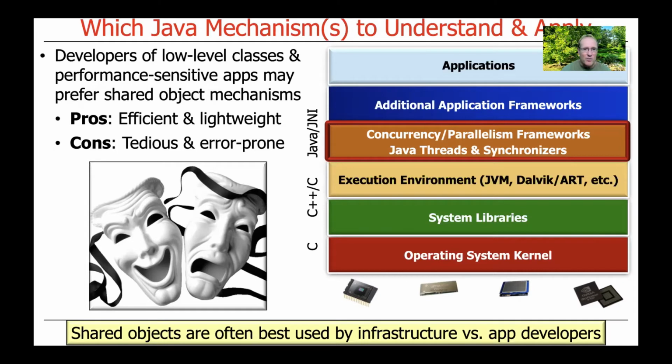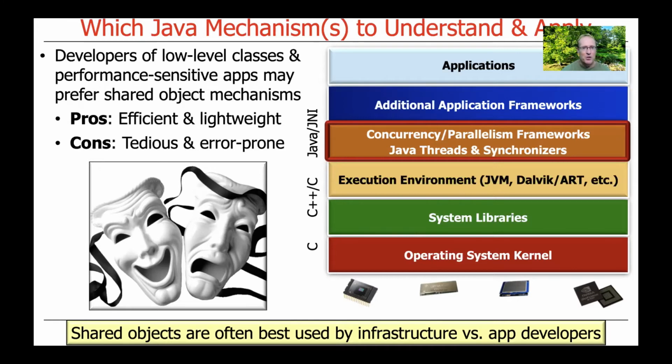So as a result, shared objects, that layer of abstraction, which is devised to run on top of the underlying execution environment in terms of some parts of the Java class library, are best used by infrastructure developers, people building the platform, as opposed to application developers, people building apps on top of the platform.